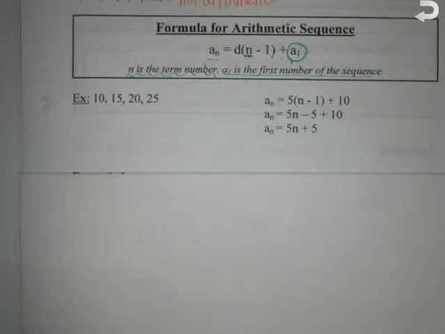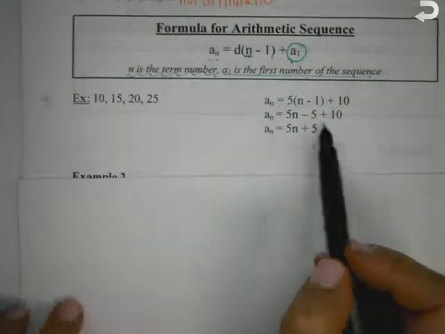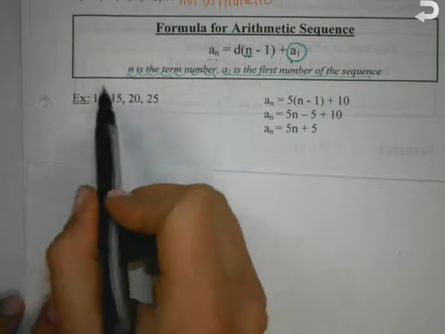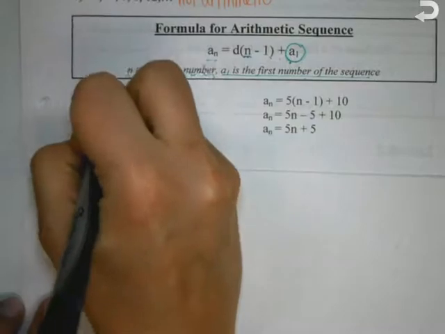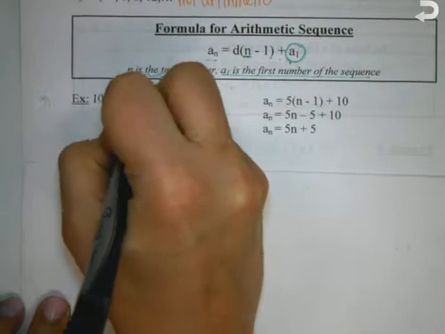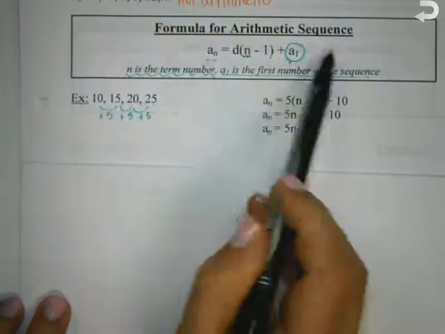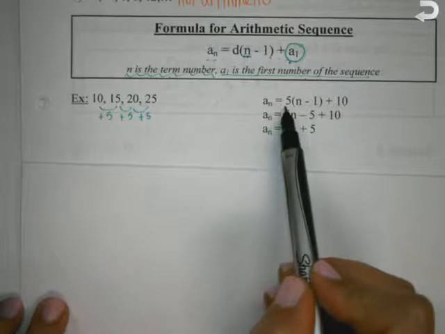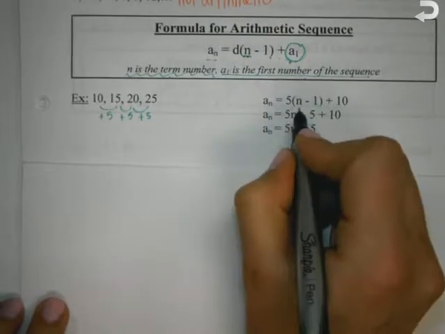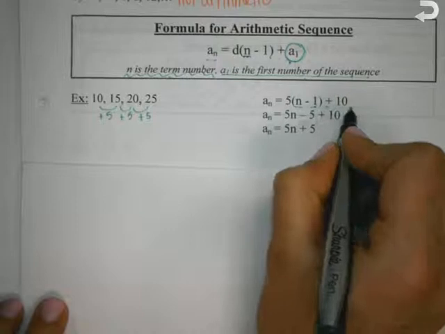Okay, so let's look at the example right here. I already did all of the work off to the side. What is this increasing by each time? 5, right? We're adding 5, adding 5, adding 5. So when I plug it into this formula, A sub n equals 5, the common difference, times n minus 1 plus 10. 10 is the first number, or the first term of the sequence.